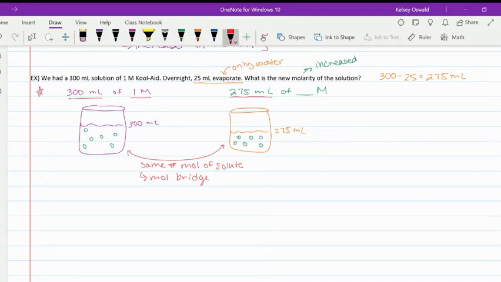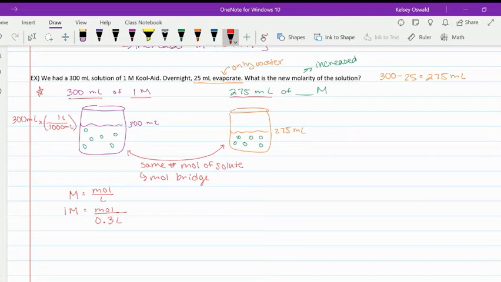Okay, because we know molarity is equal to moles per liter. And if I know my molarity is 1, and I know my volume is 300 milliliters, or 0.3 liters, and again, I just got that 0.3 by dividing the 300 by 1,000, I'm able to find how many moles of Kool-Aid I have in my solution.